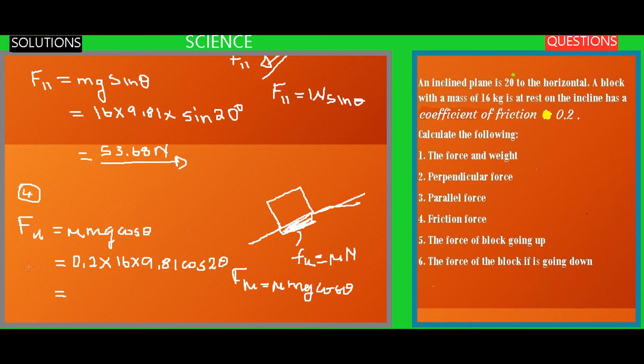Then multiplying everything from this, we'll have something like this.